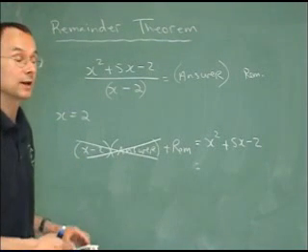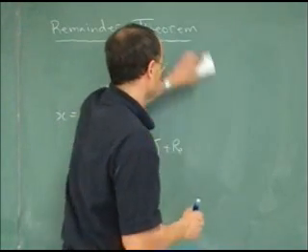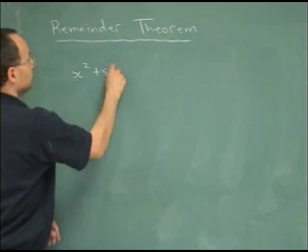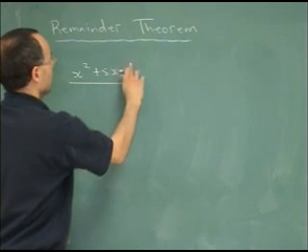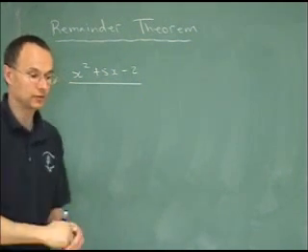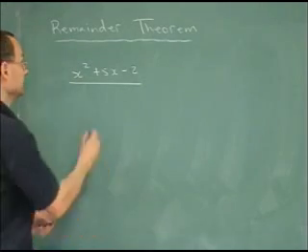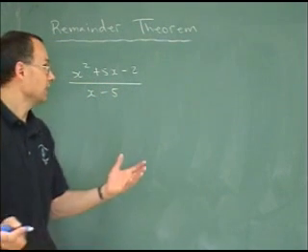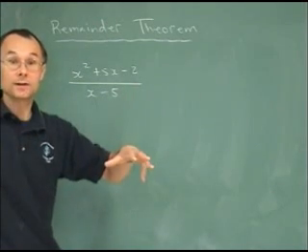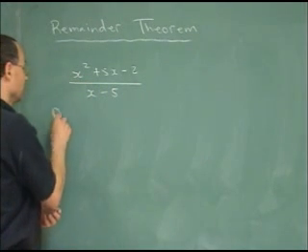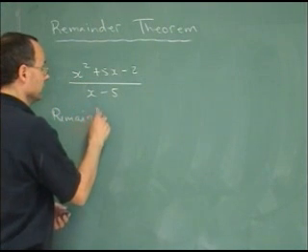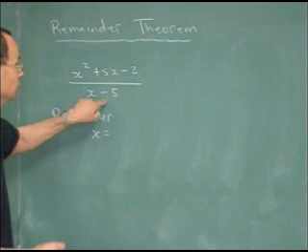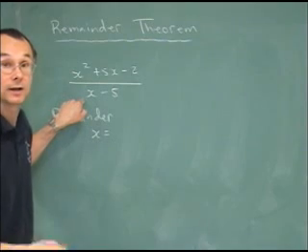Let me just do another example. Let's take the same trinomial, and this time I say to you, let's figure out what it would be if I divided it by x minus 5. Instead of working out the answer through long division, all we want to do is figure out what the remainder is. So the process is you make the choice to turn this divisor here into 0.